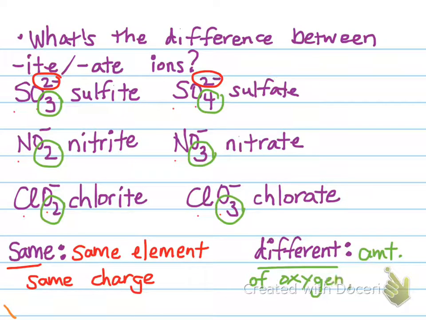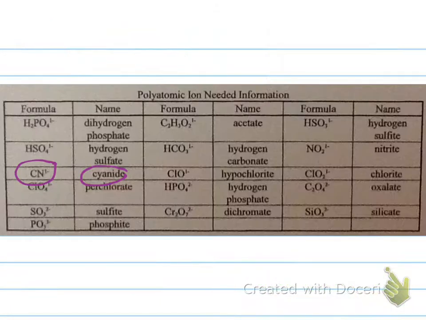And notice our -ate has 1 more oxygen than our -ite. Now, why is that important? Well, in a normal year, people have to memorize this. They don't get open book and open notes on their tests and quizzes. So they don't have their polyatomic ions to look at to remember what they are. So this really kind of provides a way to cheat.